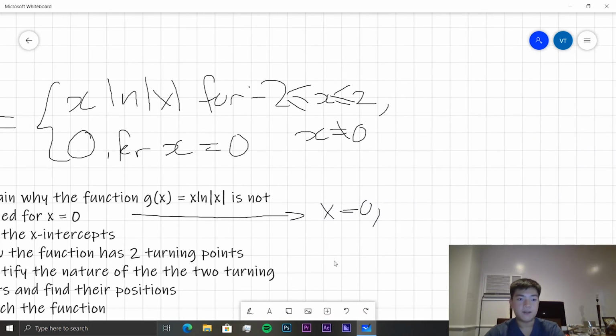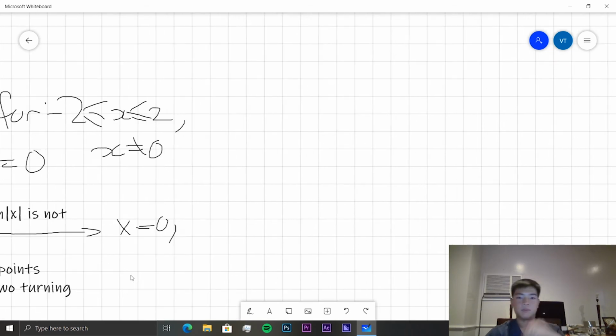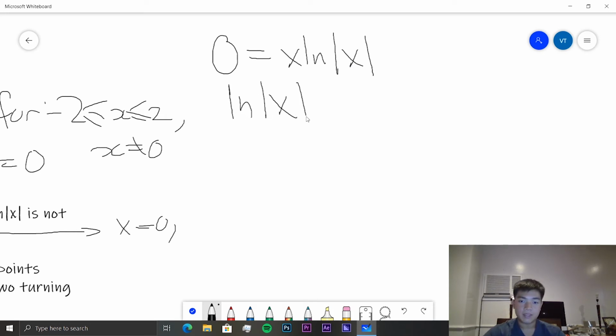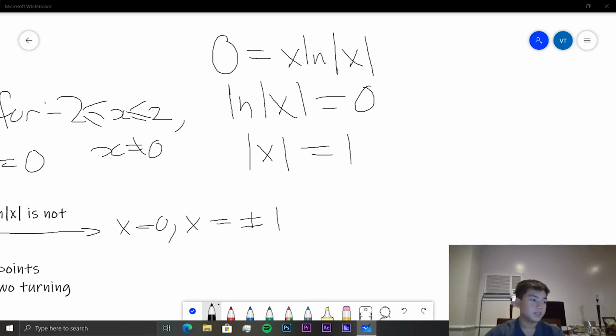And then we need to find zeros of x ln absolute value of x, and so the only other values this would occur for is when ln absolute value of x is equal to 0. So therefore, absolute value of x is equal to 1. So x is equal to plus or minus 1. So those should be the zeros. So 0 and plus or minus 1.